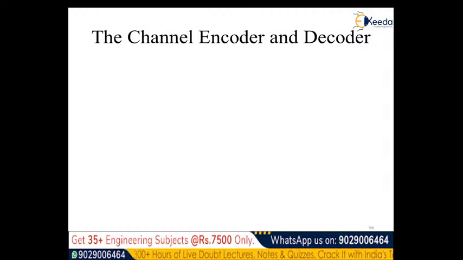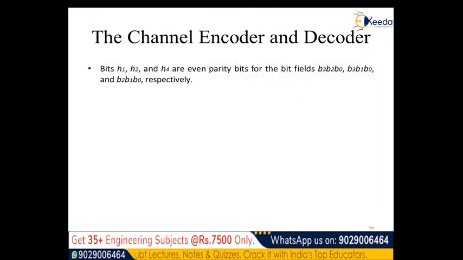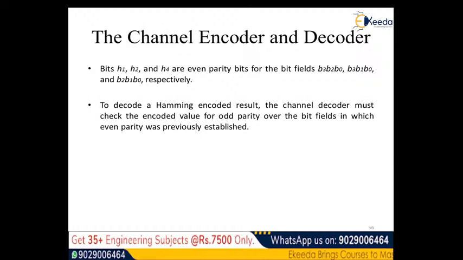The bits H1, H2 and H4 are the even parity bits for the bit fields B3, B2, B0; B3, B1, B0; and B2, B1, B0 respectively. To decode a Hamming encoded result, the channel decoder must check the encoded value for odd parity over the bit fields in which even parity was previously established.